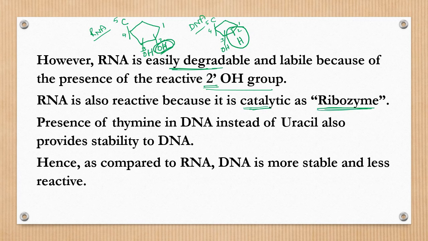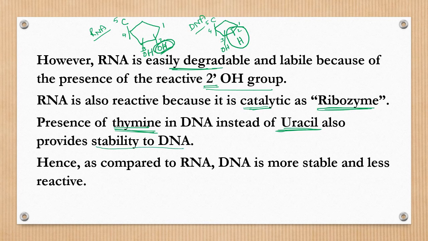Next, why is DNA more stable than RNA? Because of the presence of the nitrogen base thymine in DNA instead of uracil. The presence of thymine provides stability to the DNA.